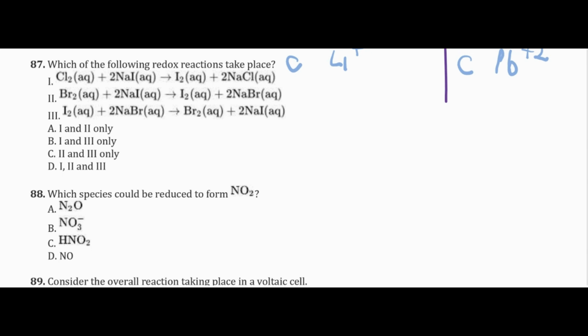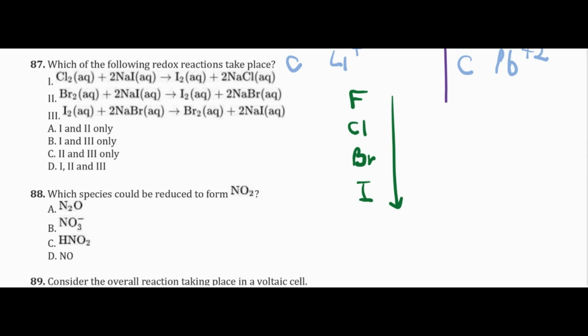87. Which of the following redox reactions take place? Okay. I think this is about reactivity. As you know, reactivity decreases down group 7. So we have fluorine being the most reactive, then decreasing reactivity.